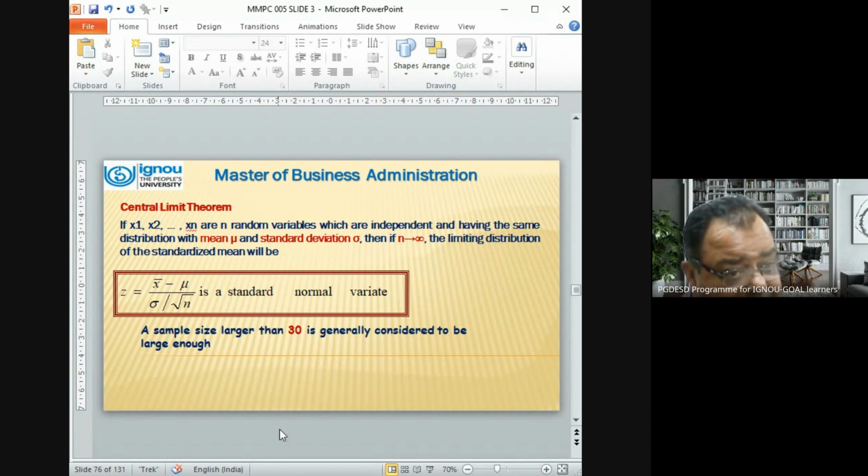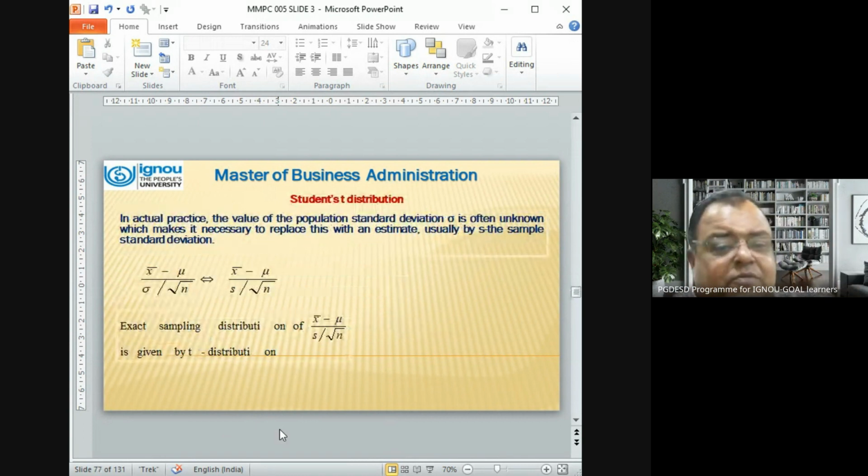Just now we have done z is equal to x bar minus mu upon sigma upon under root n, and it is a standard normal variate. A sample size larger than 30 is generally considered to be large enough. Keep this in mind.